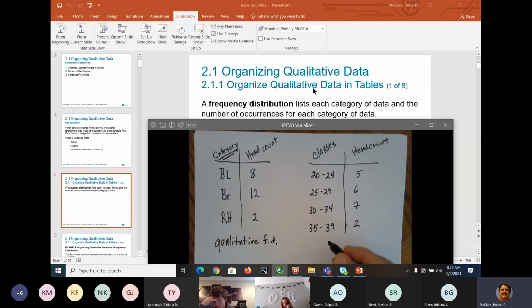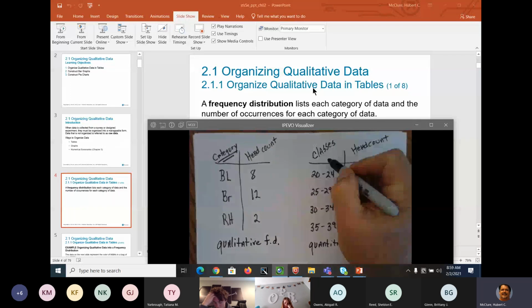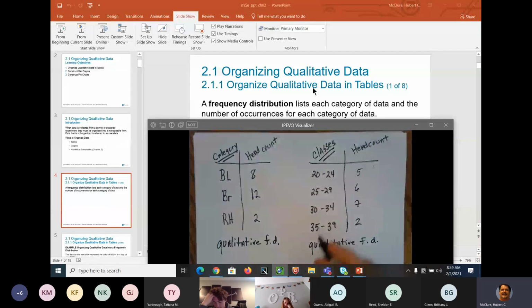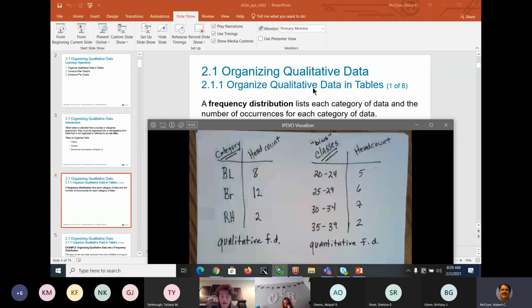And over here, we've got a quantitative frequency distribution because it has classes, or, as they say in this book or another book, bins. I don't use that word because I think it's kind of goofy, so I just say classes.